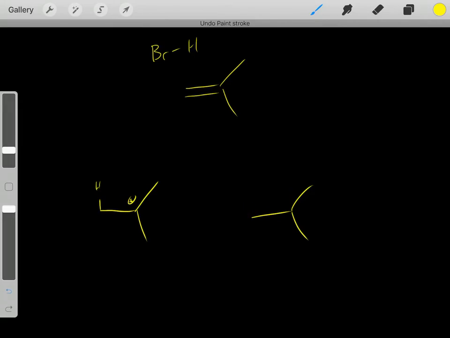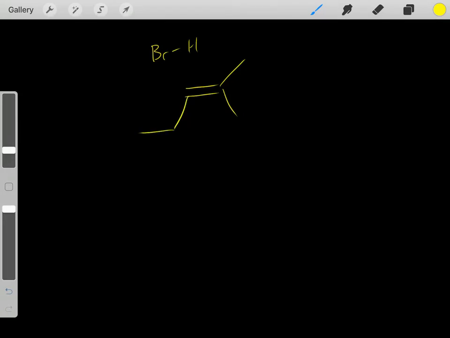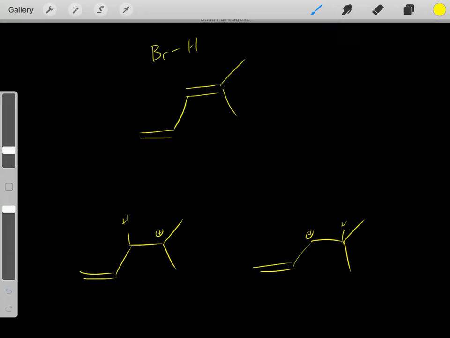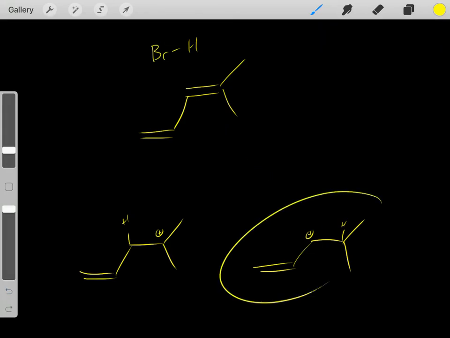However, now making this a little more tricky, what if instead the compound looked like this? And again, now we would have something that looked like this. Which of these two intermediates is more stable? Would we go through this pathway or through this pathway? Well, again, we have resonance.